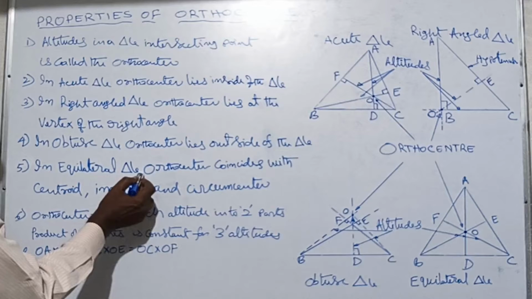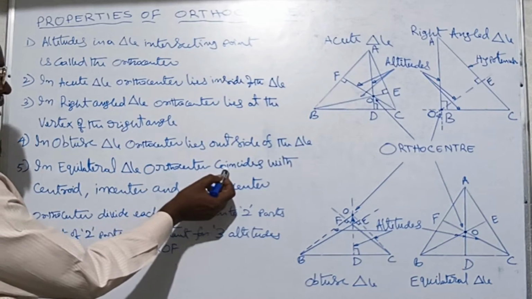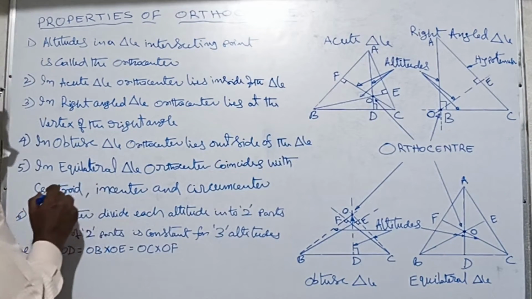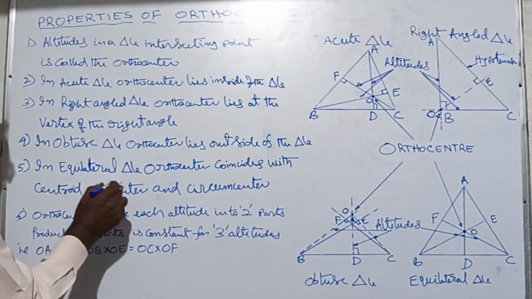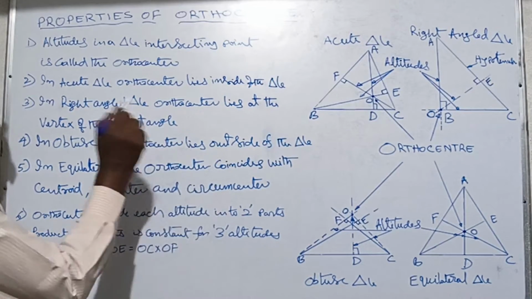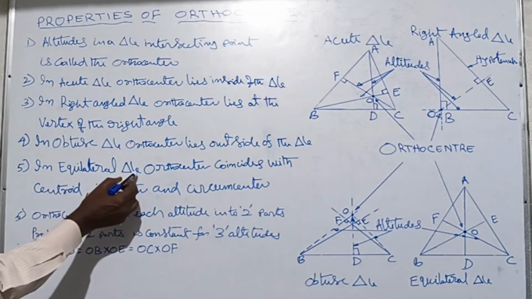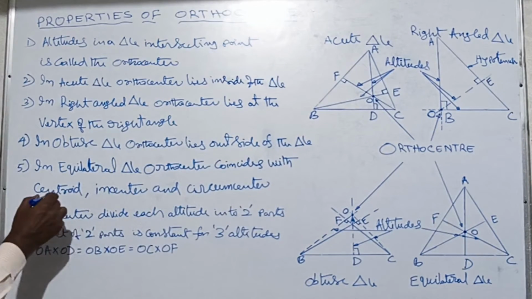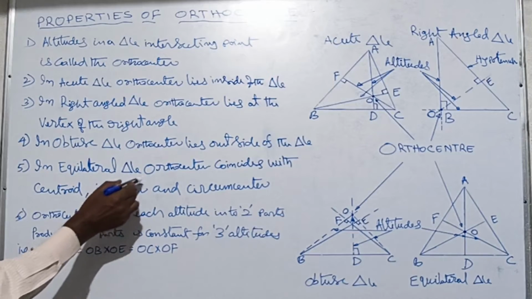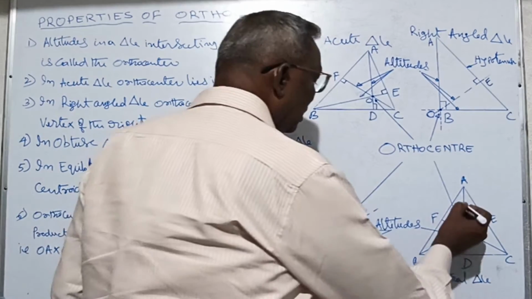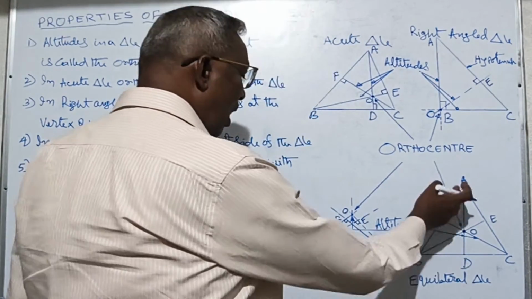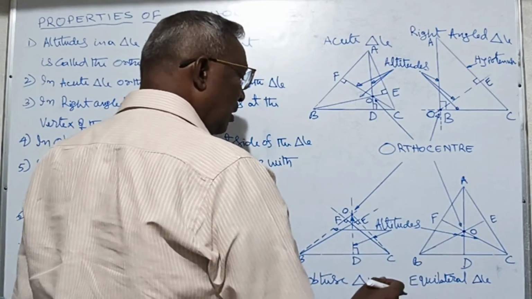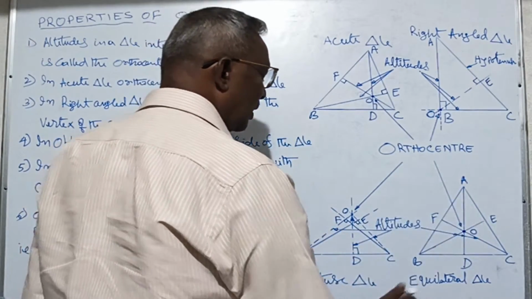In equilateral triangle, orthocenter coincides with centroid, incenter and circumcenter. Equilateral means all angles are equal, all sides are equal.